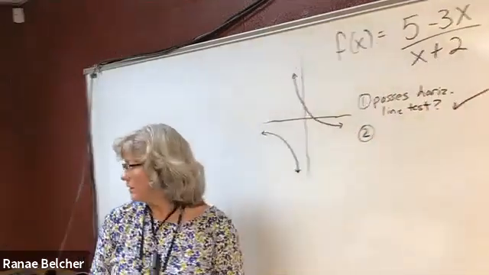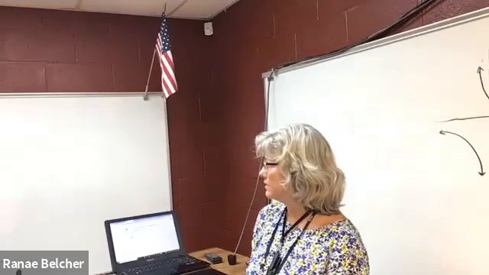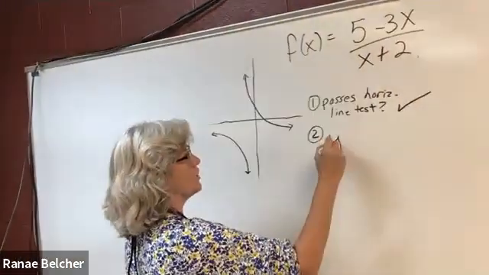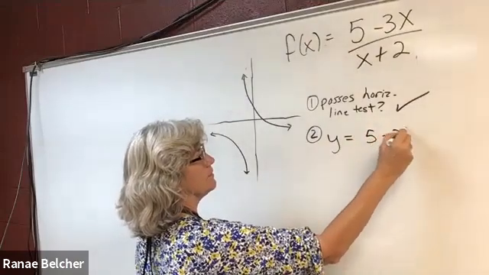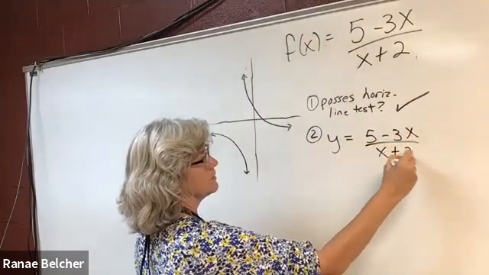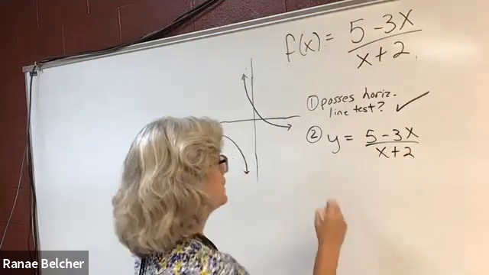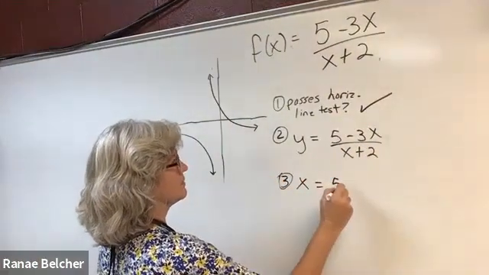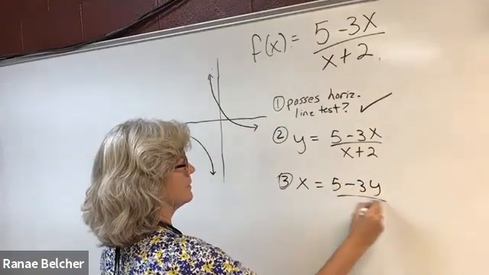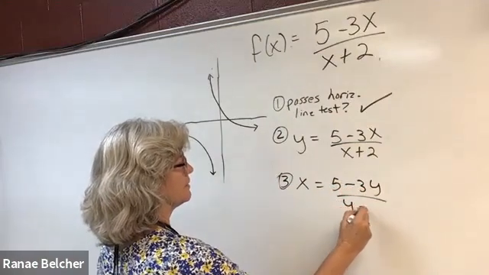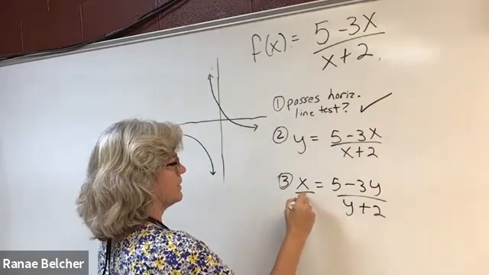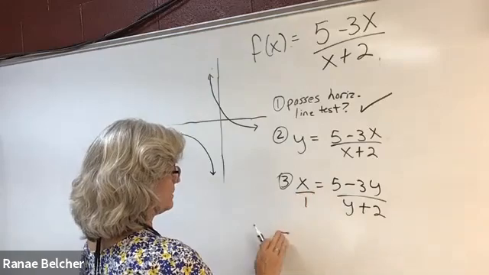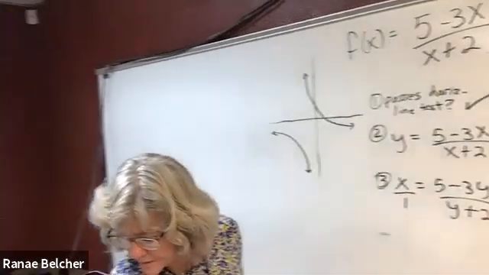If I were to judge by the graph, it does look like it passes. Okay, then we're going to change it to y equals all that stuff. And then we're going to change x to y and y to x. And then you're going to cross multiply. Make your x over 1 if you need to. Okay, so let's solve.